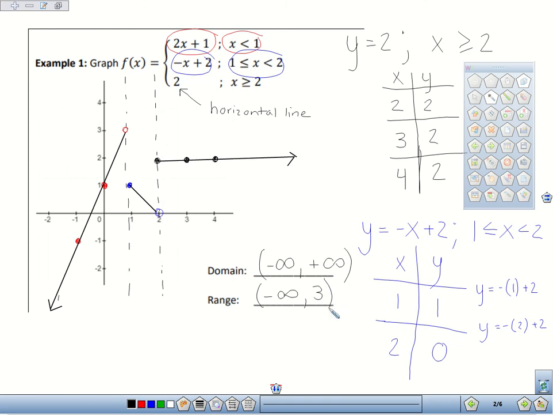No, so it's a parenthesis, because the 3 is an open circle. So it doesn't actually hit 3. It hits just before 3. The reason we use a parenthesis is because we're not going to write 2.999999 repeating. It doesn't actually hit 3, but it's just below the 3. So we use the open parenthesis. Anybody have any questions on this one? All right.